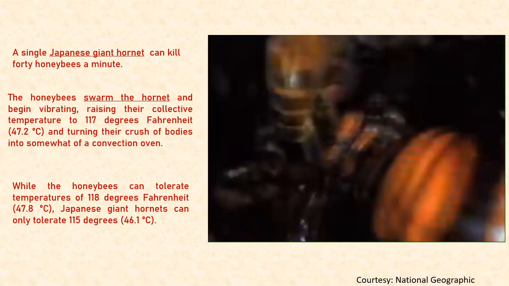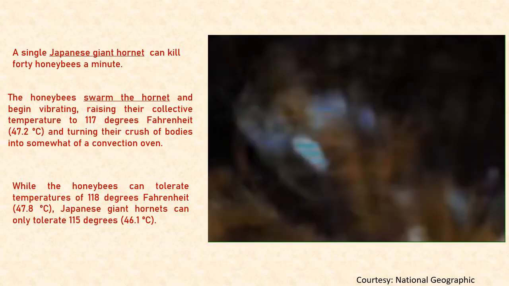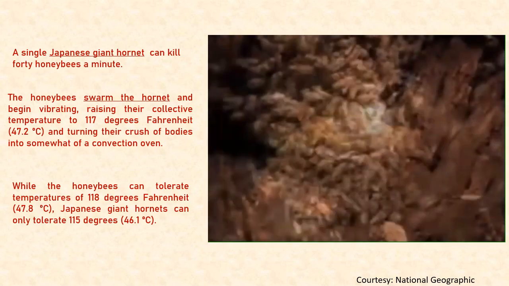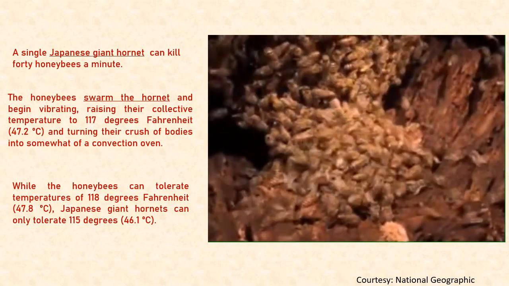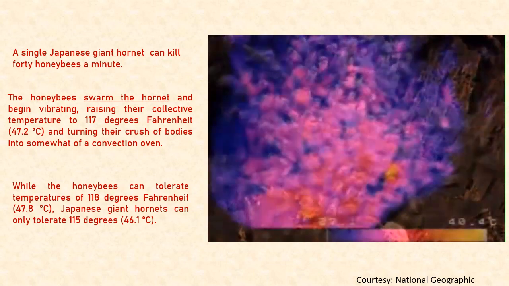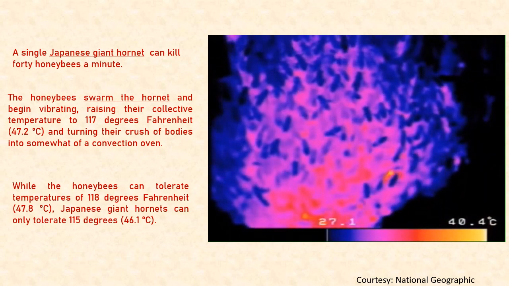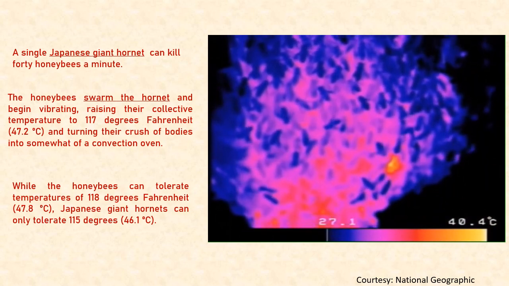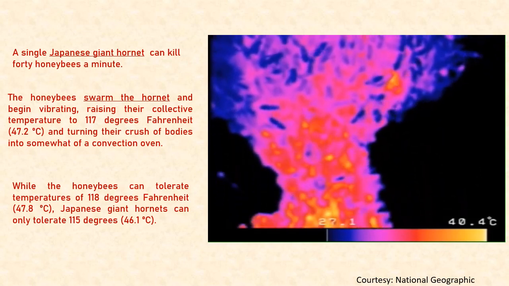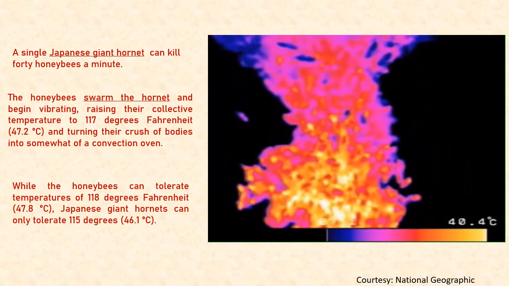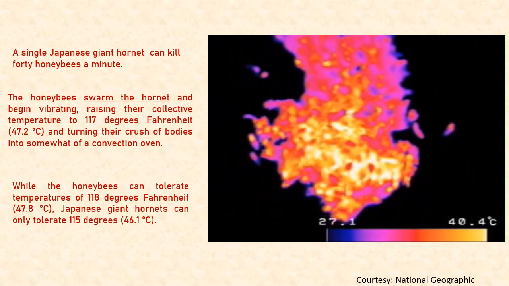All the honeybees swarm the hornet and begin vibrating, raising their collective temperature to 117 degrees Fahrenheit, so nearly 47.2 degrees centigrade, and turning their crust of bodies into somewhat of a convection oven. See the thermal image of that.